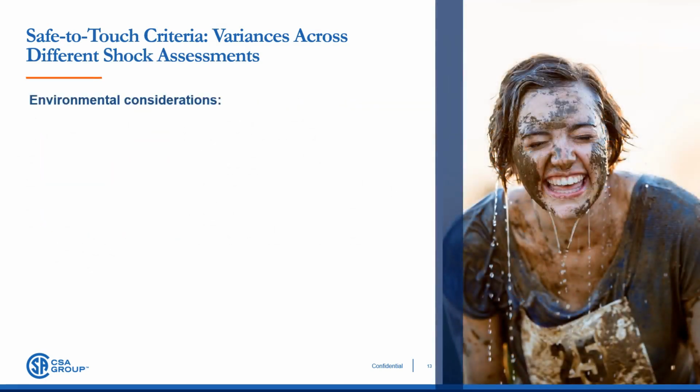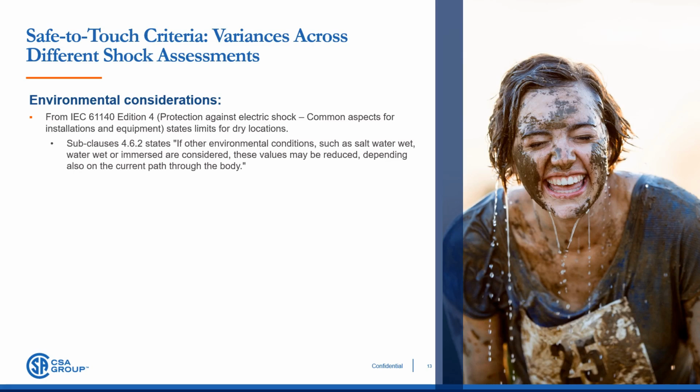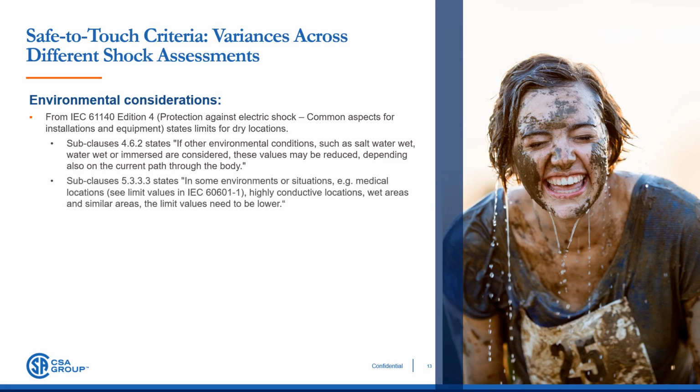IEC 61140, the Basic Safety Publication for Protection Against Electric Shock, defines voltage limits for dry locations, but emphasizes additional consideration should be taken into account for wet or highly conductive environments, as stated in subclauses 4.6.2 and 5.3.3.3 of the 4th edition.